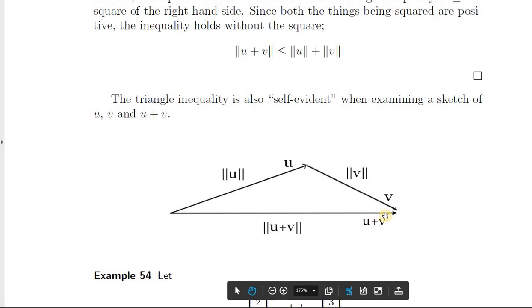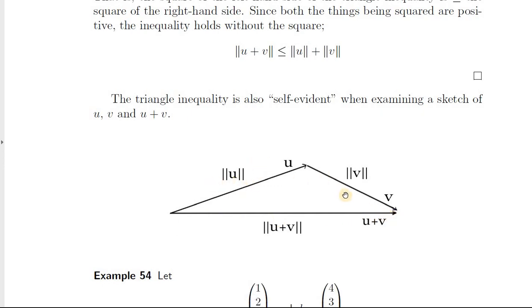So u plus v is the third side of a triangle whose other two sides are formed by vector u and vector v. Now you know that the length of this side can't possibly be bigger than the sum of these two sides. In other words, using this notation, the length of u plus v should be less than or equal to the length of u plus the length of v.